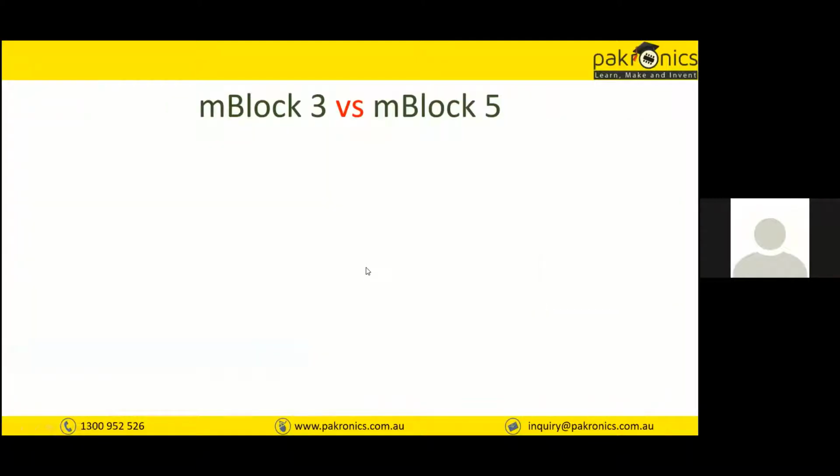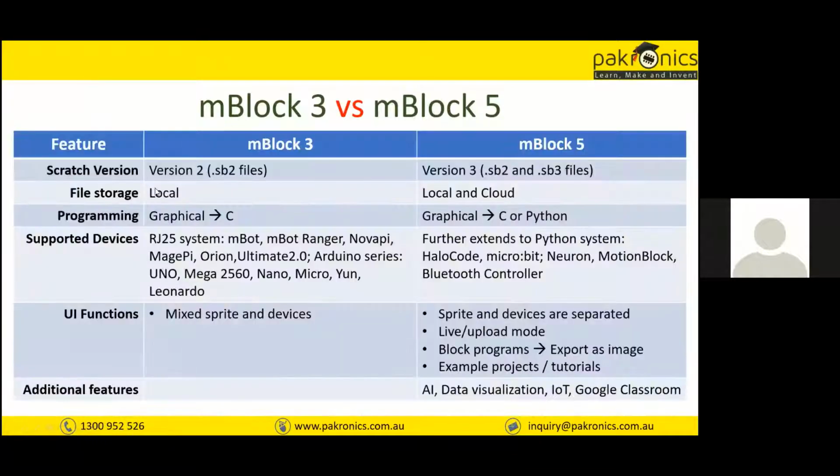So here is a quick look at how mBlock5 has emerged as an updated, enhanced version of the previous mBlock3 software. mBlock3 was based on Scratch version 2, whereas mBlock5 is based on Scratch version 3, and it is backward compatible. It means it also supports files created by mBlock3. The storage, which was earlier only local to the computer, has now also gone to the cloud. The programming language support, graphical blocks with the equivalent C program, is now extended to C as well as Python.